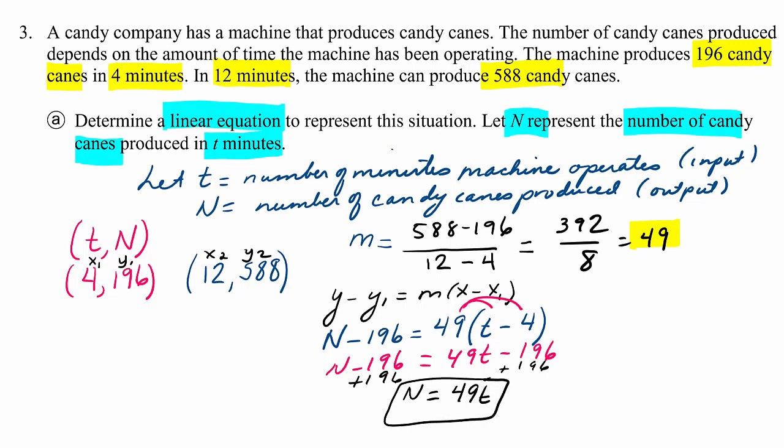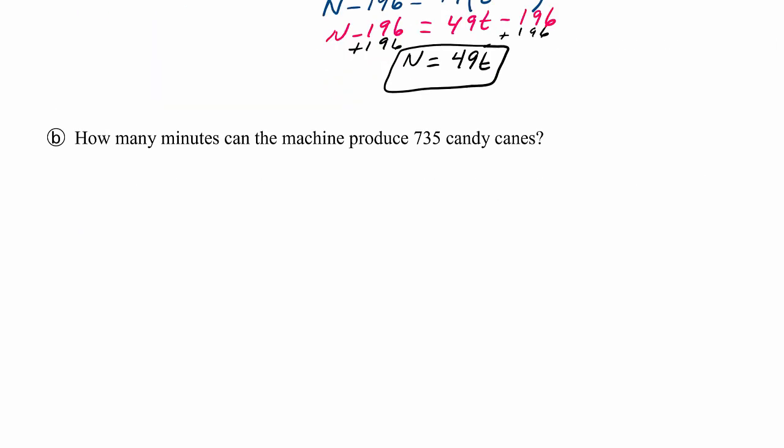And let's use it to see here. What does it say? Part B says, in how many minutes can the machine produce 735 candy canes? So that means that we know n, don't we? We know the number of candy canes. That's given, that's n. And we're looking for how many minutes, so we're looking for t. So find t.